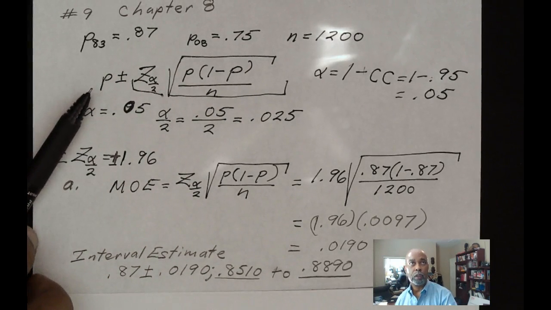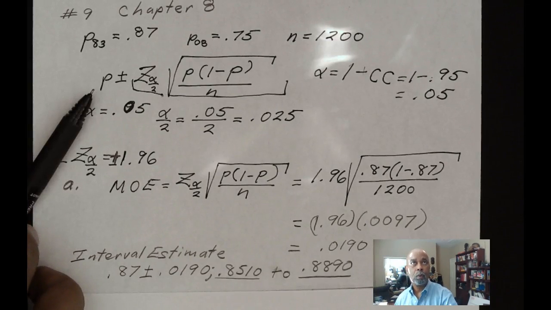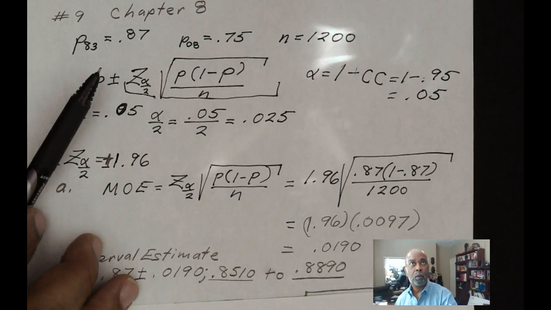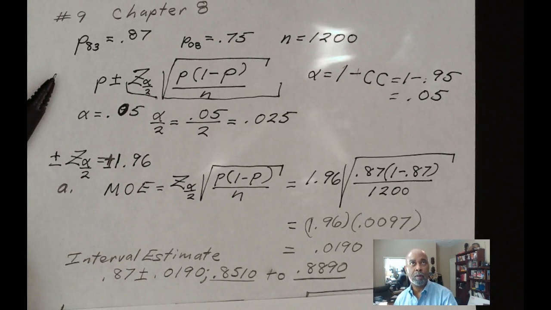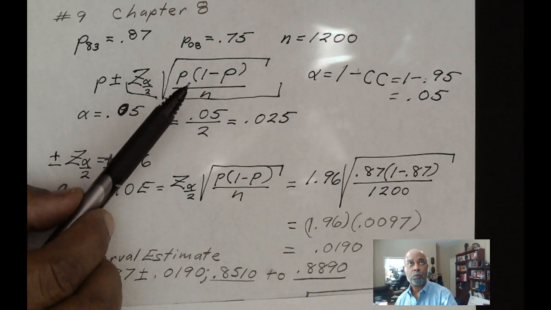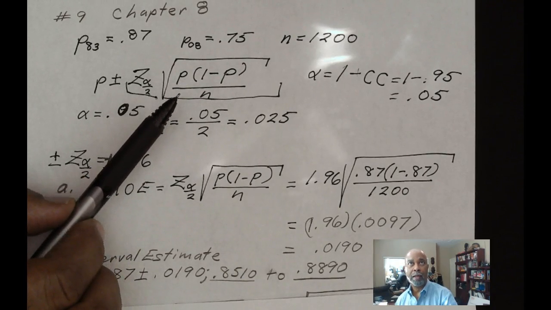The formula for the confidence interval of the proportion is P plus or minus Z sub alpha over 2, which is the critical Z value, multiplied by the square root of the quantity P times 1 minus P over N.